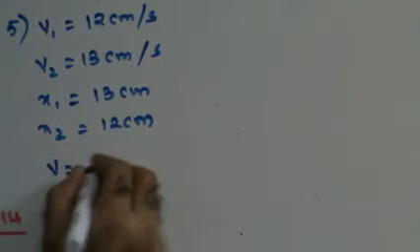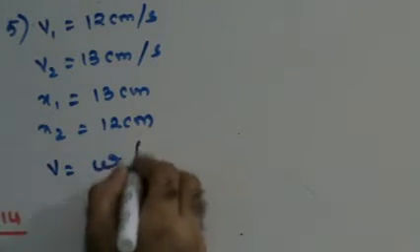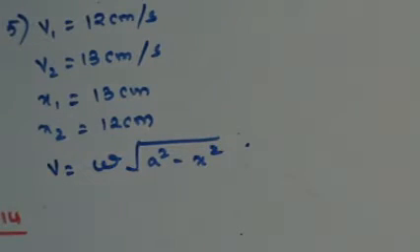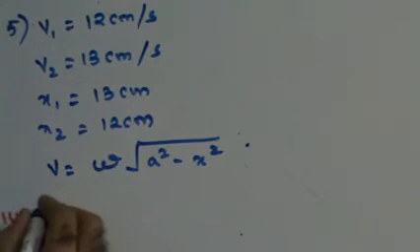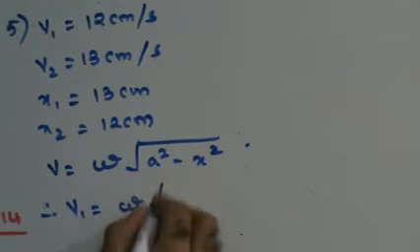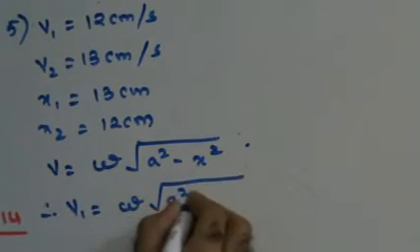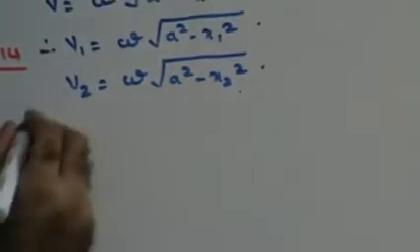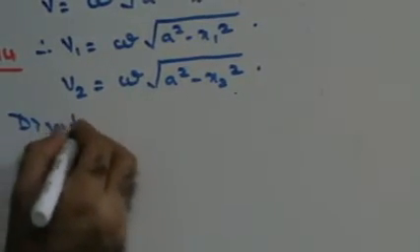Now we know that V is equal to omega root of A square minus X square, right? So V1 is equal to omega root of a square minus x1 square. The amplitude will remain the same. V2 is equal to omega root of a square minus x2 square. Divide equation 1 and 2.